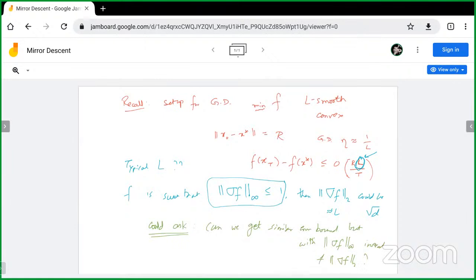So more precisely, one could ask for the bound in terms of the Lipschitz constant in an arbitrary norm.